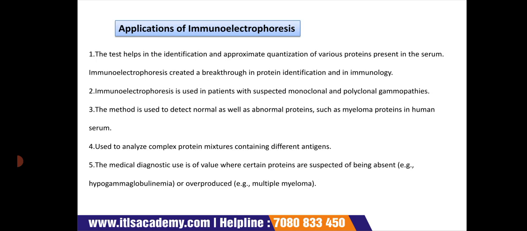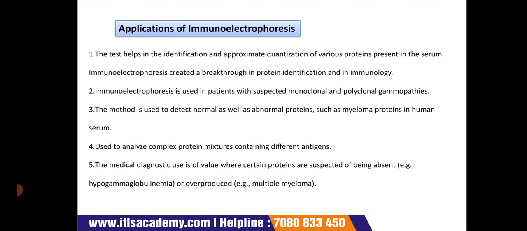Now let us understand the application of immunoelectrophoresis. The test helps in the identification and approximate quantization of various proteins present in the serum. Immunoelectrophoresis created a breakthrough in protein identification and immunology. It is used in patients with suspected monoclonal and polyclonal gammopathies.